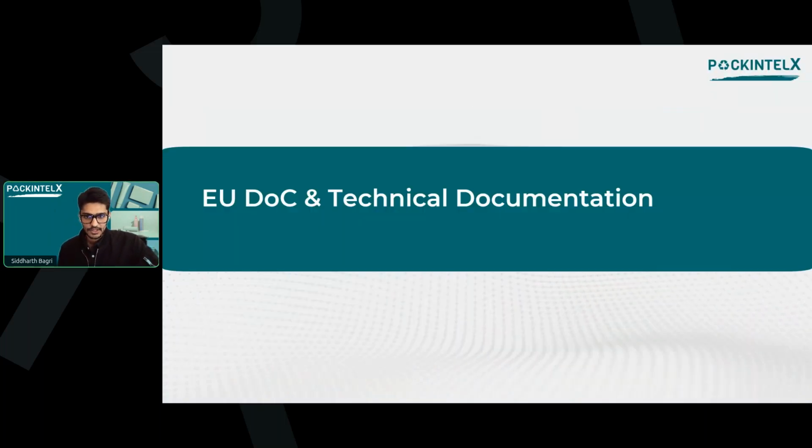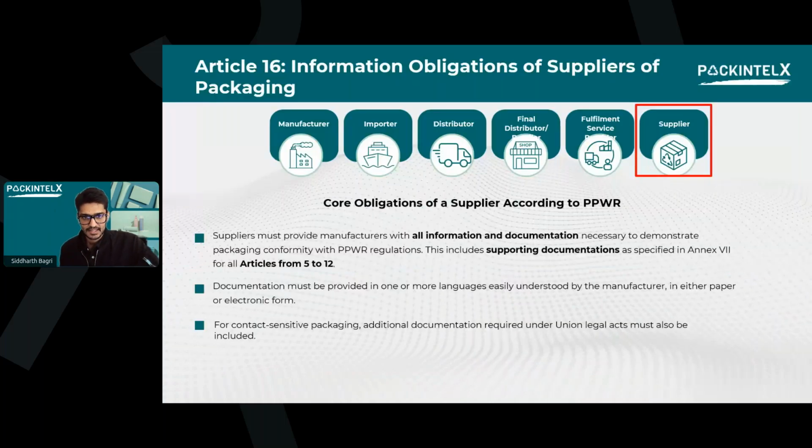Okay, so now we are going to EU DOC and technical documentations. Coming to suppliers, because we see supplier as one of the major hurdles in going through the EU DOC. We'll be discussing later that from our process, the EU DOC gets created super fast, fully automatized.